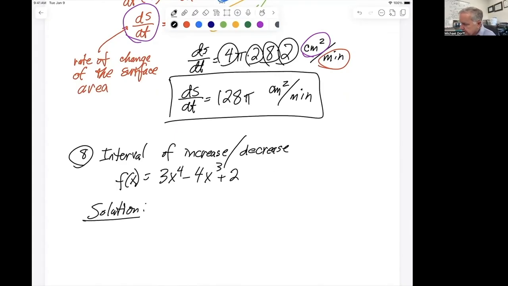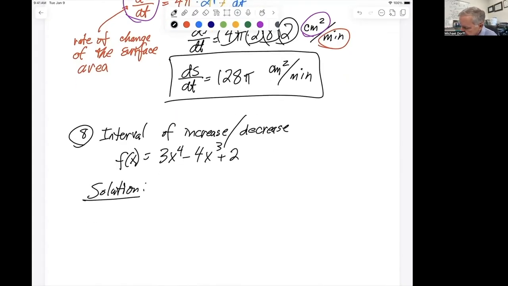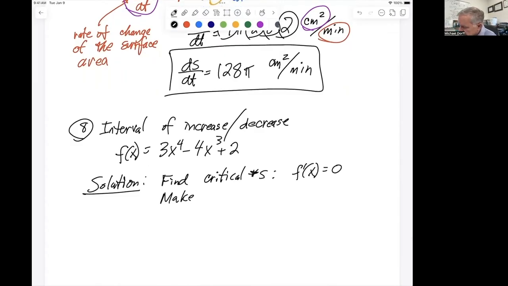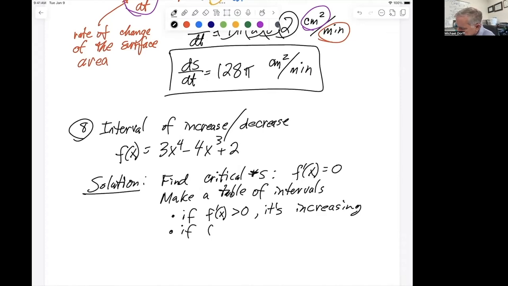Well, to find the intervals of increase or decrease, we need to find critical numbers, and that's where the derivative equals 0. And then we make a table of intervals. If the derivative is greater than 0, it's increasing.